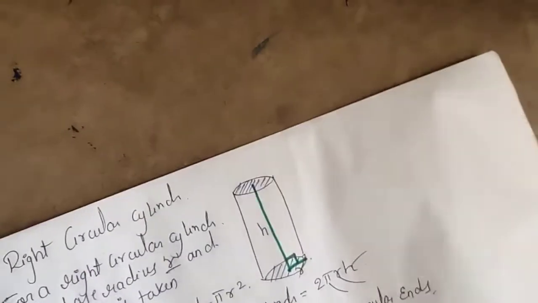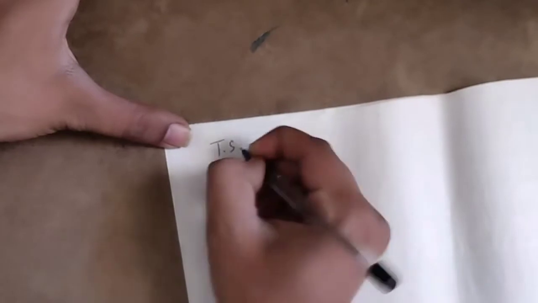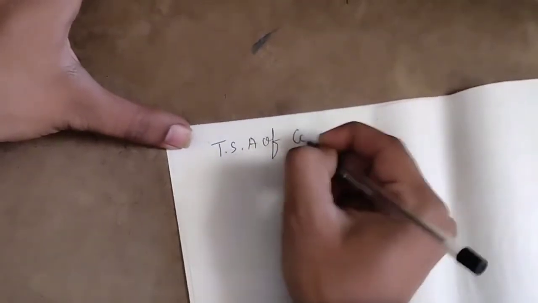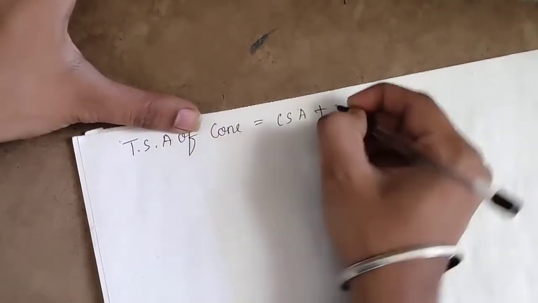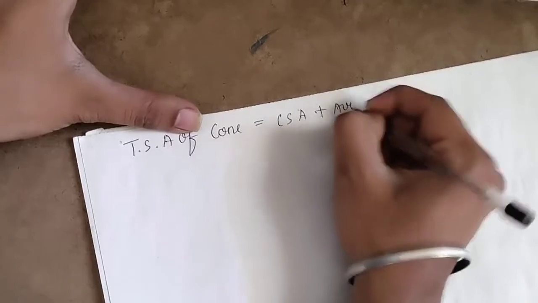Next comes total surface area of cone. The total surface area of cone is nothing but curved surface area of cone plus area of the base.